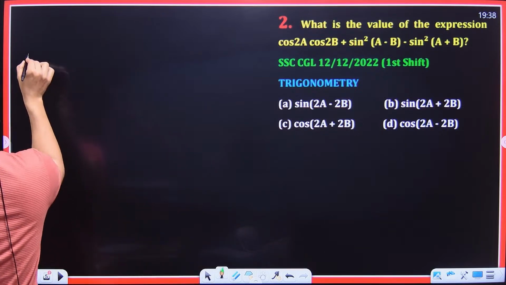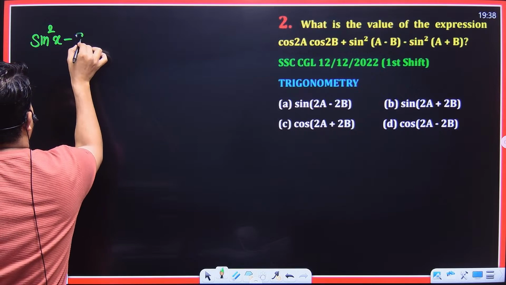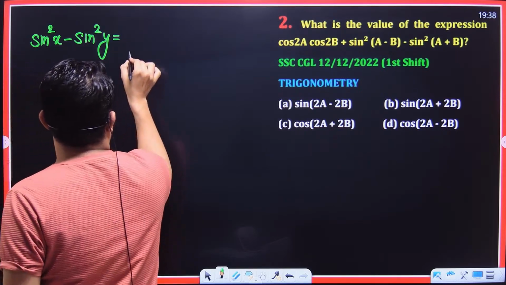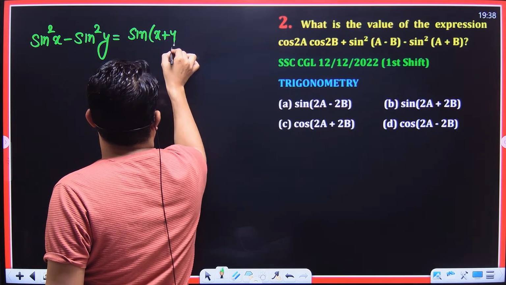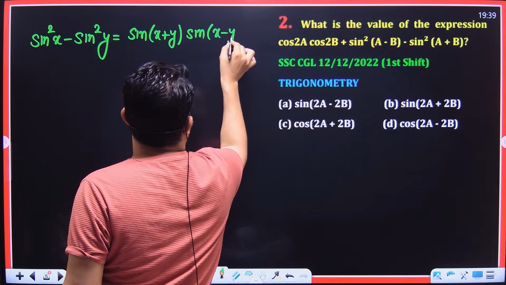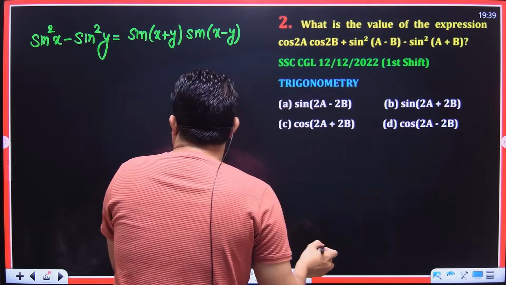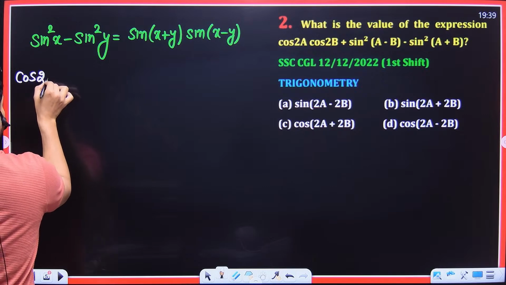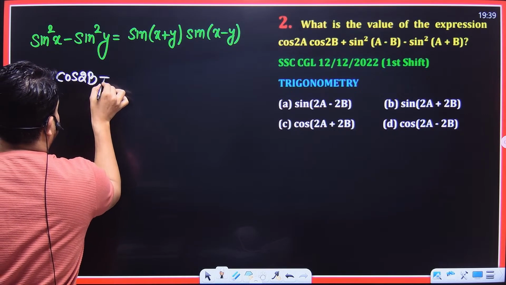So we have a formula: sin square x minus sin square y is equal to sin(x plus y) into sin(x minus y). This formula is used here. If I use this formula, then what do I have? I have cos 2a cos 2b, with a plus sign in between.